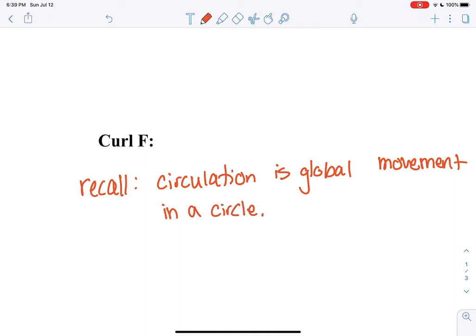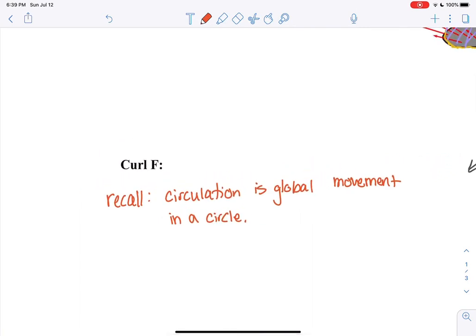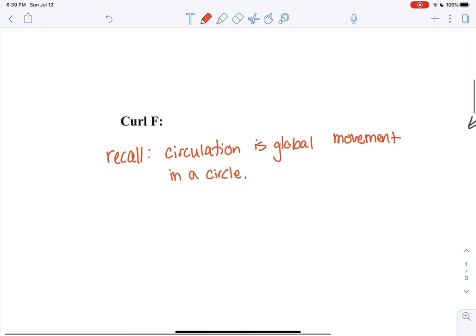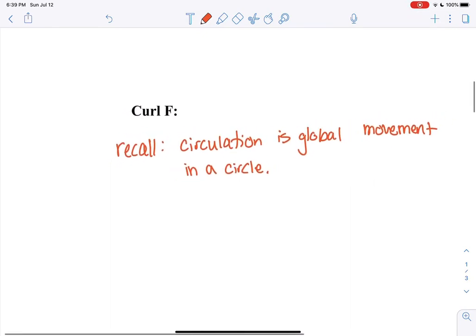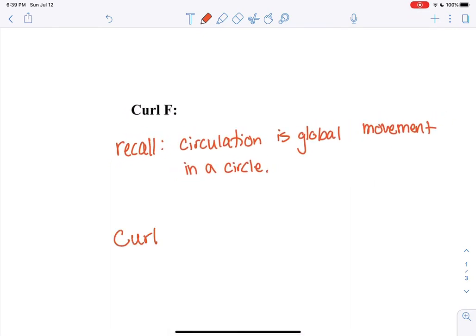So you could imagine that if you dropped a beach ball into a whirlpool, then the tendency for that beach ball to float around in a circular pattern in the whirlpool would be the circulation of that vector field. And now the curl is like very tiny microscopic circulation that appears everywhere in the vector field.